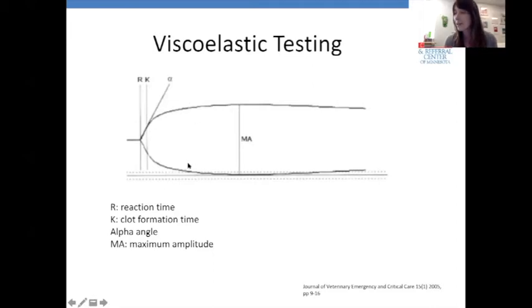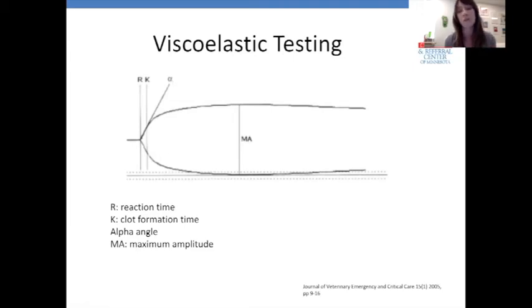That really tells us about the rapidity of clot formation. So how rapidly can this clot form in the animal? It's going to help us to evaluate factor 2, 8, platelet count, which is really important, obviously, thrombin, fibrin, fibrinogen. The hematocrit will affect it as well. So as you can see, there's a lot that goes into this graph, and it really helps us to evaluate a lot of different factors in clotting.